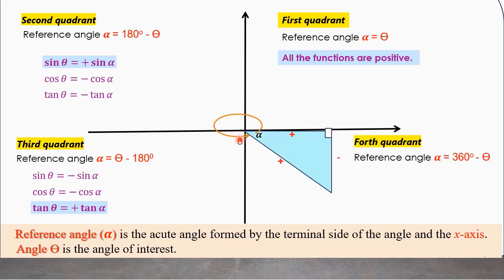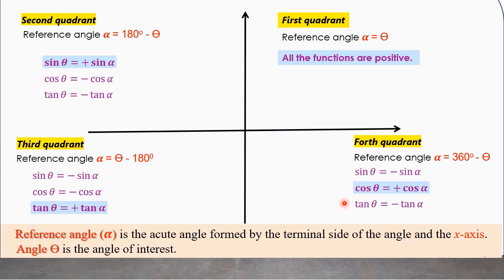In the fourth quadrant, the reference angle alpha will be 360 degrees minus theta. Since the coordinate x is positive and the coordinate y is negative, for this quadrant only cosine is positive, and sin theta and tangent theta are negative.